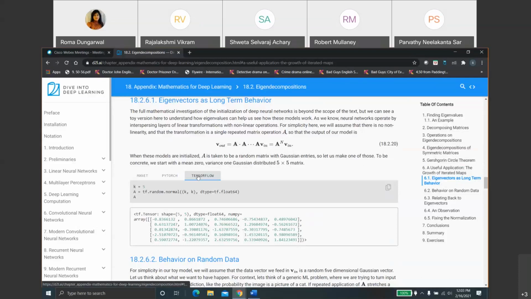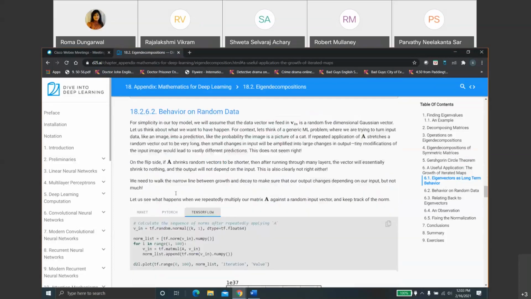Now for our example, we are initializing a Gaussian matrix, so the mean is 0 and the variance is 1. I'm not sure if you attended yesterday's recitation, but he might have told you about the standard normal distribution. It is the same as a Gaussian distributed matrix. For mean 0 and variance 1, the Gaussian matrix values will range from minus 2.5 to plus 2.5. We have initialized the matrix here.